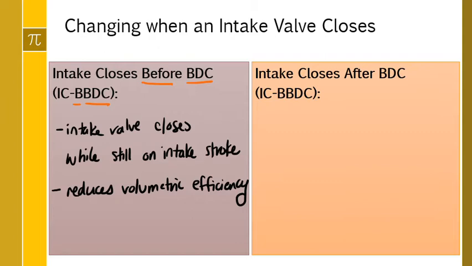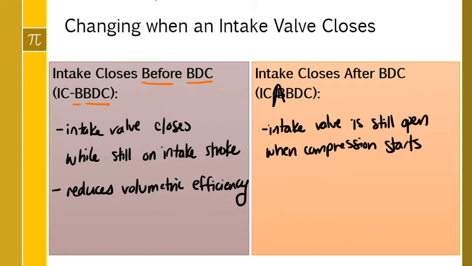If, however, we close the intake valve after bottom dead center, oops, this should be an A. There we go, ABDC, so watch out for me making mistakes there. Your intake valve will still be open as you start the compression stroke, as the piston starts coming up again. So what can happen then?